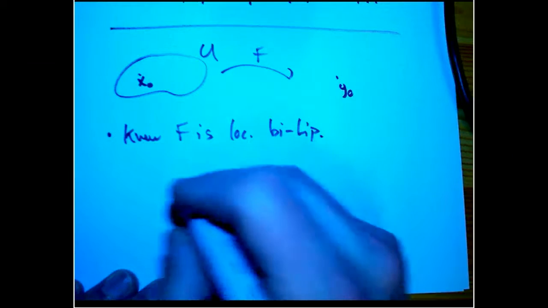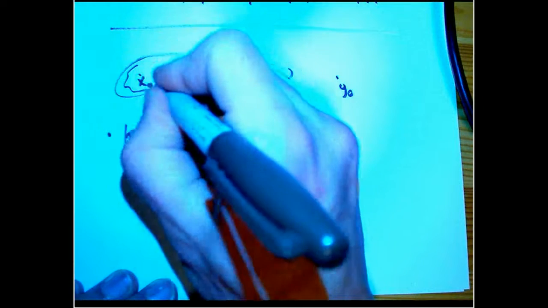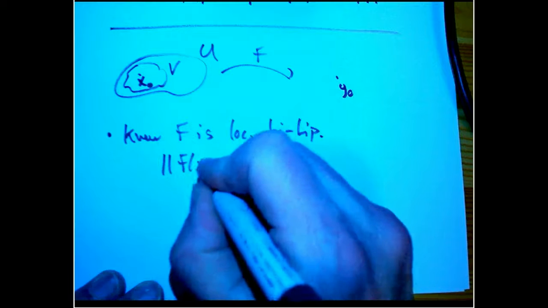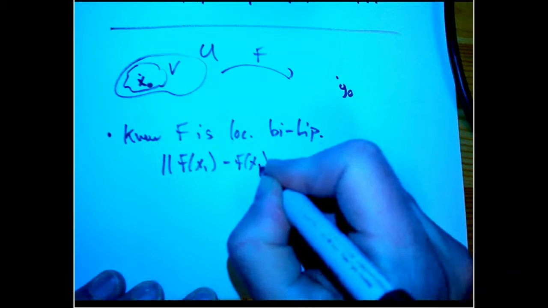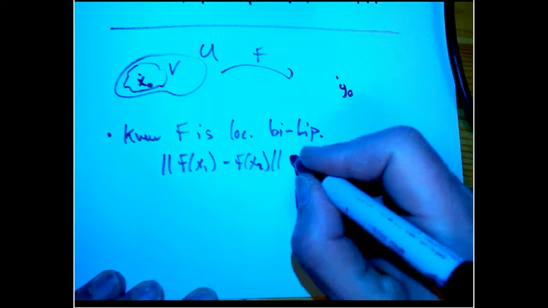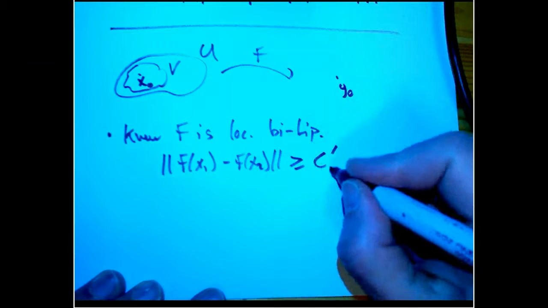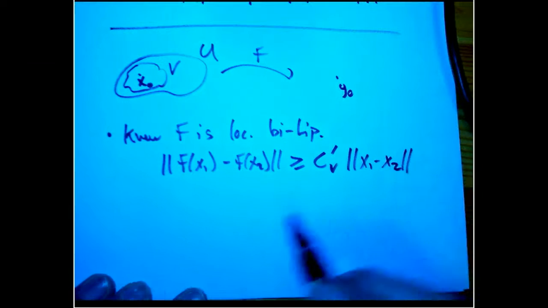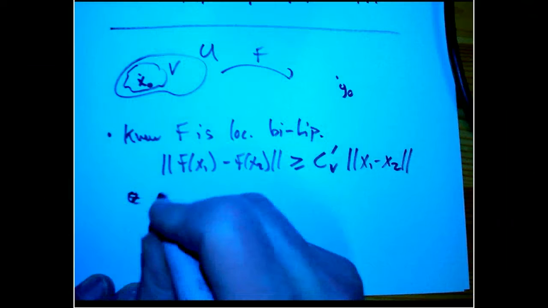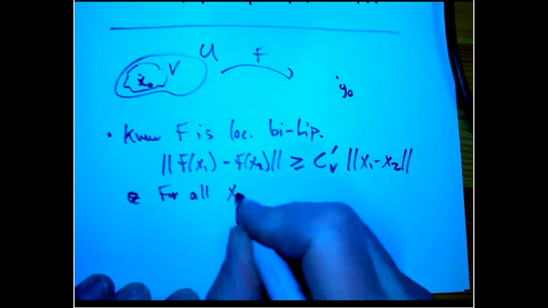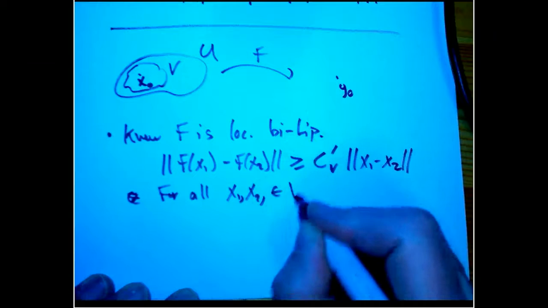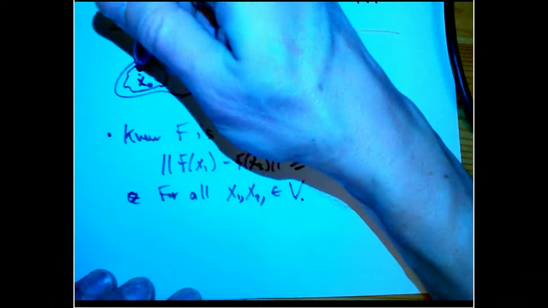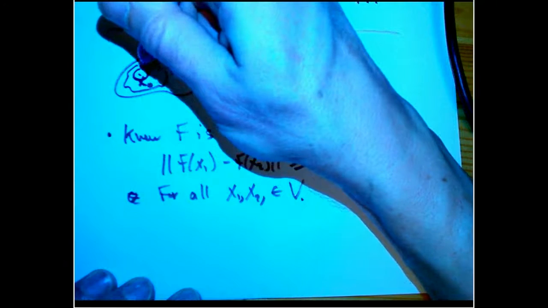Okay, and so there is some V, okay, where f of x1 minus f of x2 is greater than or equal to some c prime sub V times the distance between these guys, for all x1, x2 in V. Okay, so to be even more geometrically precise, let's just inscribe a little ball in here.